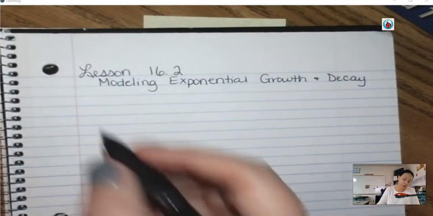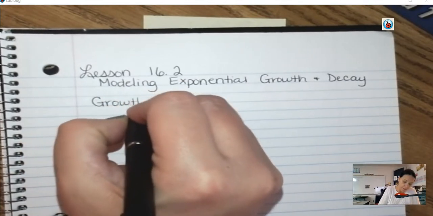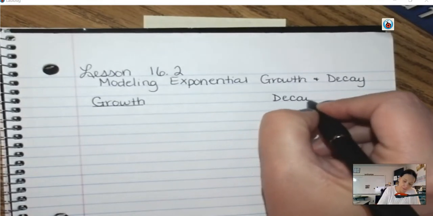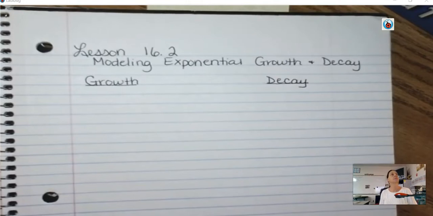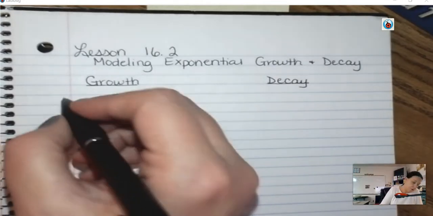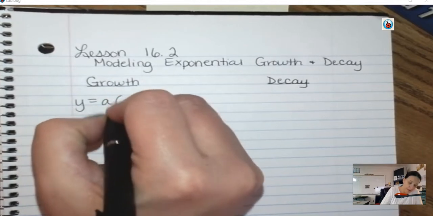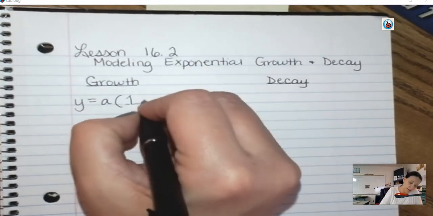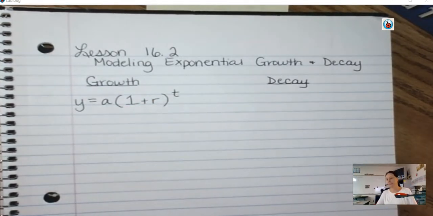Okay, there's two different equations we're going to use. One is for growth, and one will be for decay. The growth model is y equals a times the quantity 1 plus r raised to the t power.